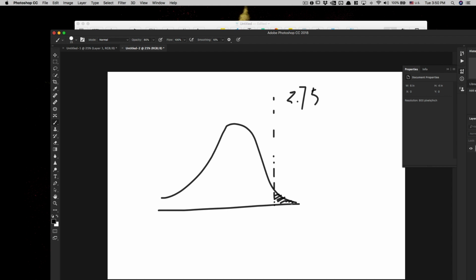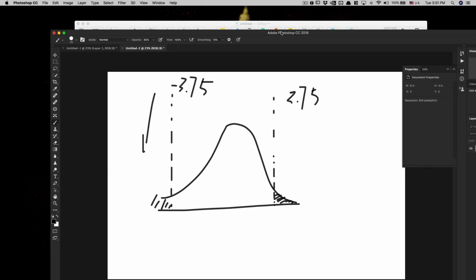But that's not the end of the story, because by more extreme, you can also be referring to the smaller side. You know, it can be crazily small. So we also have to take care of this side, because this whole thing is symmetric around 0, so this is negative 3.75. So you also have to take care of this area. That is the p-value. Again, the p-value is the probability of seeing much more discrepancy than what you have observed.